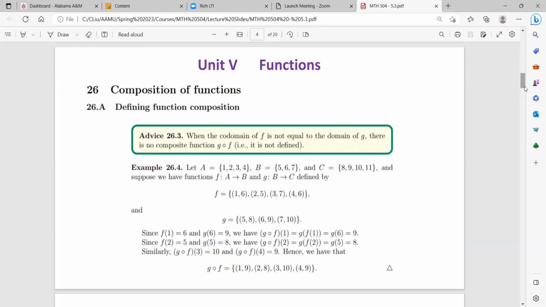As we just talked about, a composition of two functions does not necessarily give you another function, especially when the codomain of F is not equal to the domain of G, and the composite G composed F is not defined. This is in general.